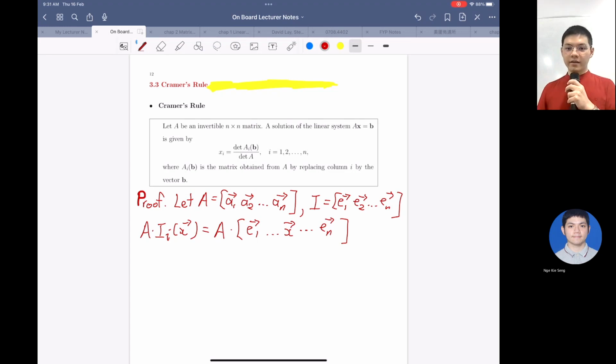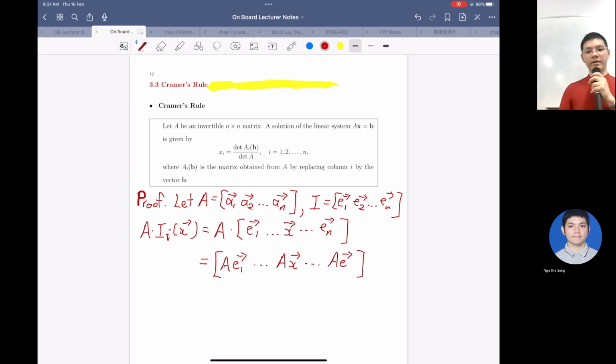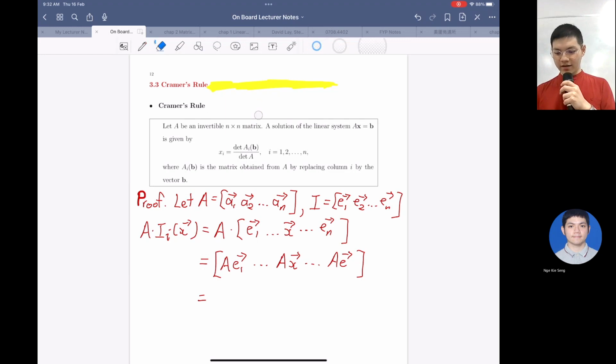And then what's going on next? We learned from matrix multiplication that A times a matrix is A times the first column vector, and so on for all the column vectors. And what is A e_i?